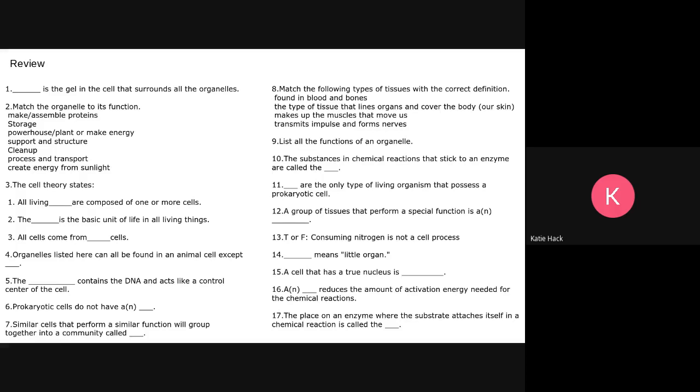Ribosome? They have ribosomes. Nucleus. Remember, eukaryote means true nucleus. Prokaryote means no nucleus.